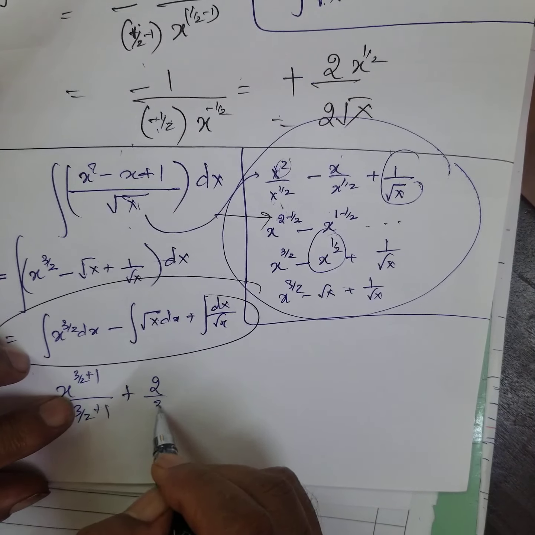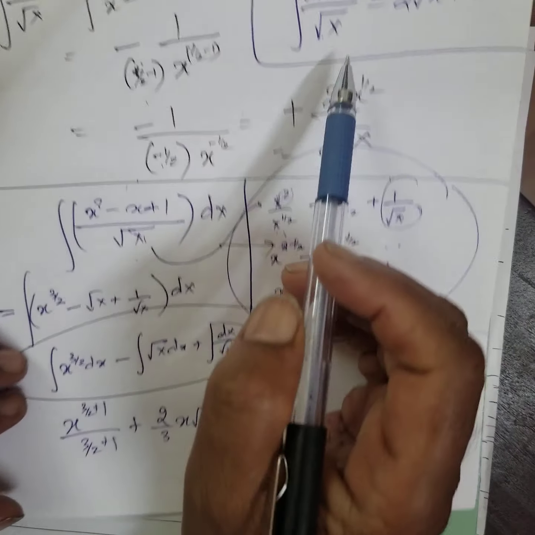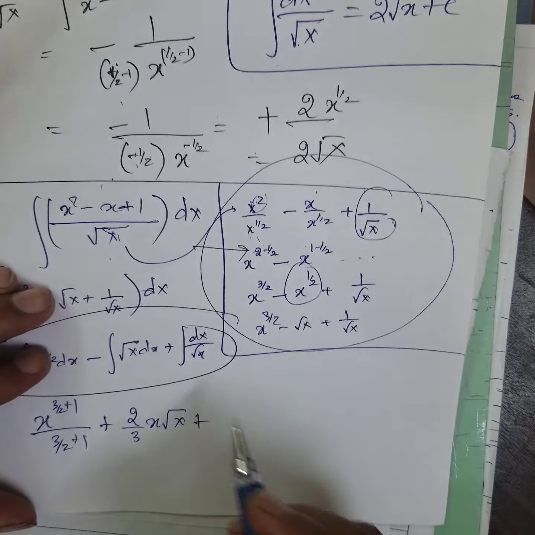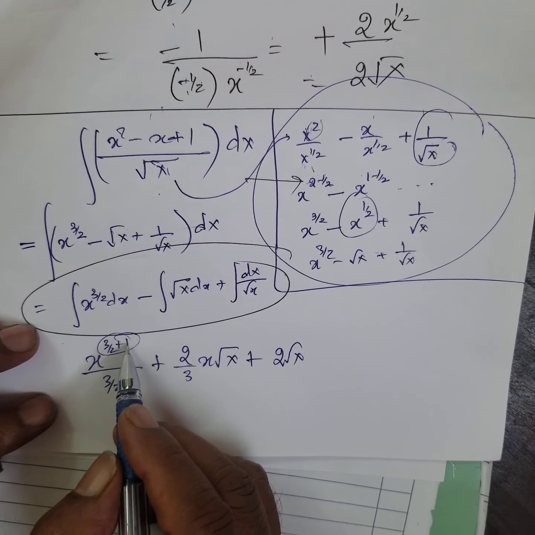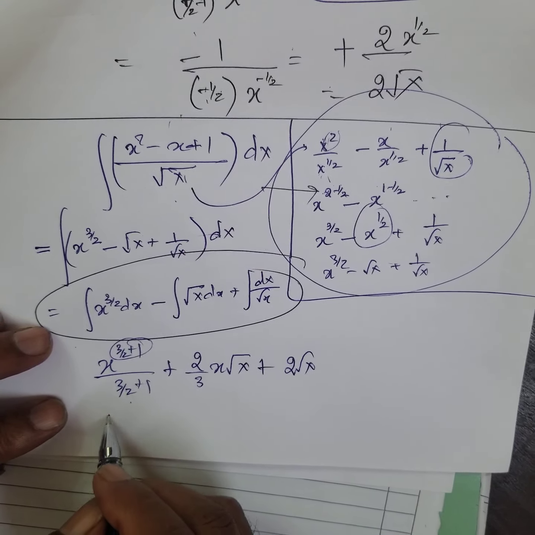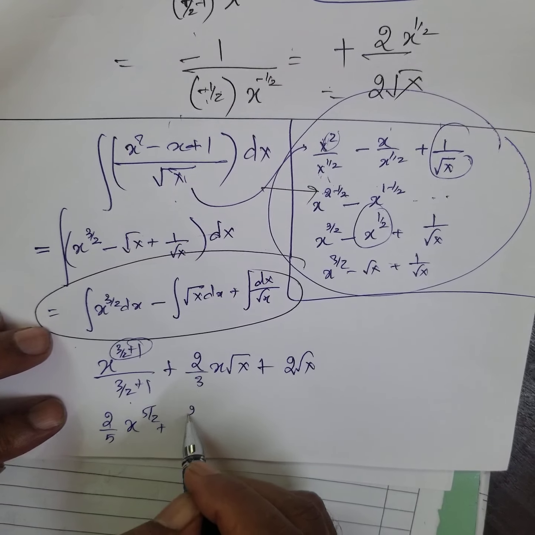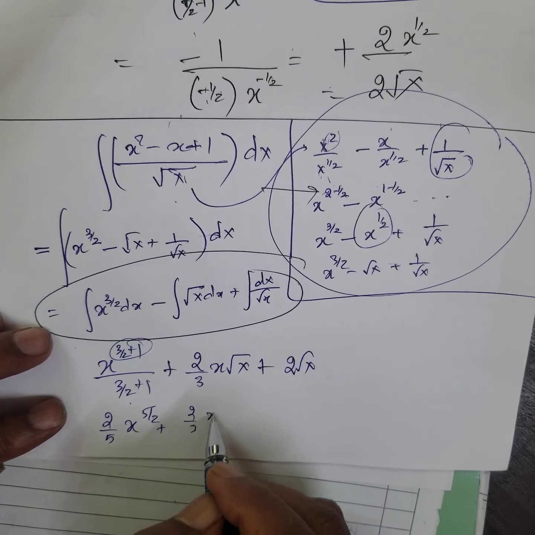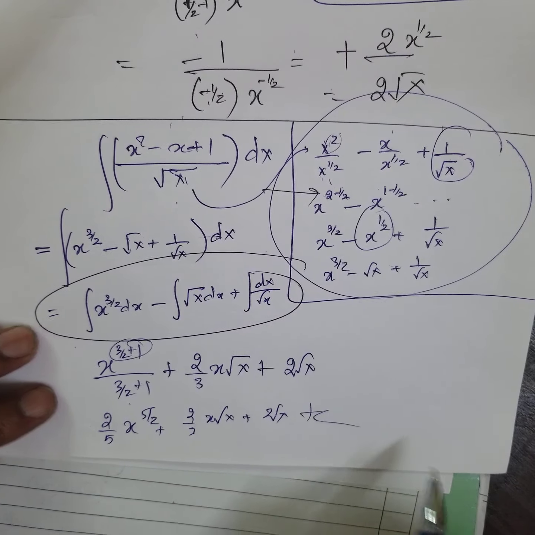Therefore 2 by 3 x root x, plus what is this? 2 root x. Therefore 3 by 2 plus 1 is 5 by 2. Here 5 by 2. 2 by 5 x to the power of 5 by 2 plus 2 by 3 x root x plus 2 root x plus some constant.